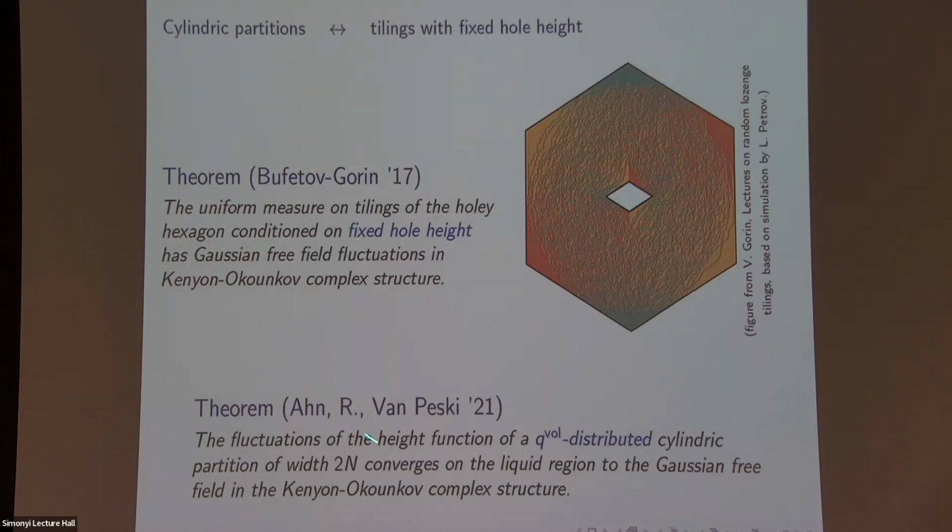This corresponds to our result, where we showed that for q to the volume distributed cylindric partitions, the fluctuations also converge to the Gaussian free field in Kenyon-Okounkov complex structure.